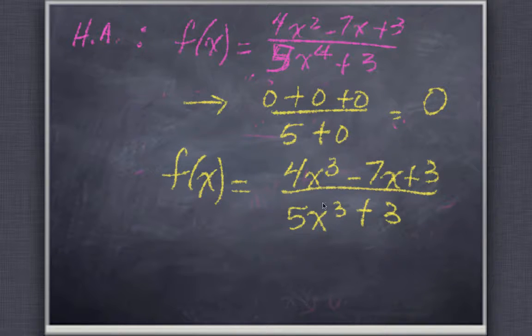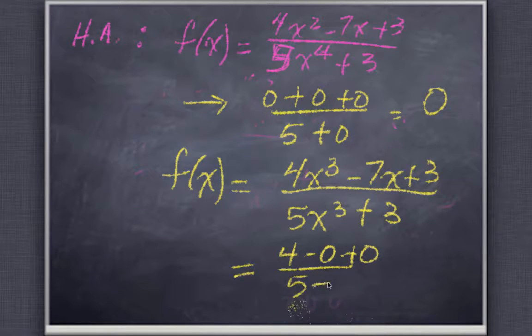So these two would survive. These would go to 0, so this would be 4 minus 0 plus 0 over 5 plus 0. So when these degrees are different, if the bottom is a larger degree, like it is here, then the only thing that survives is a number in the bottom, and so the whole thing goes to 0.